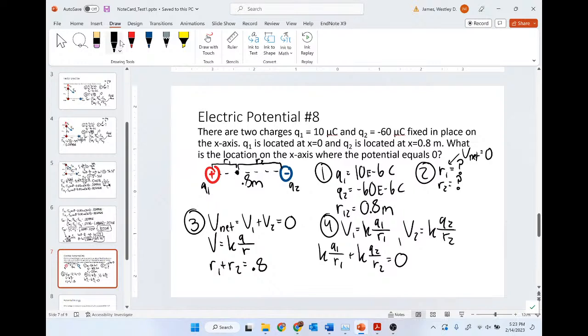So pick your poison. I'm going to solve for R1 because who cares? And we're going to go ahead and plug that in. So K Q1 over 0.8 minus R2. And I'm going to go ahead and kick the other one to the other side. Collapse some steps in here. Write it a little bit nicer because it's a little crammed down there in the bottom.